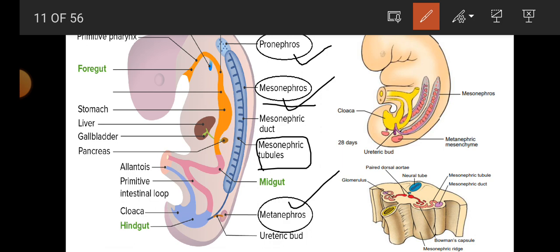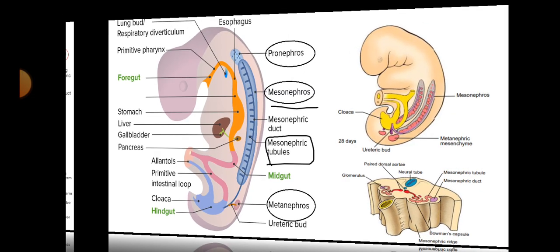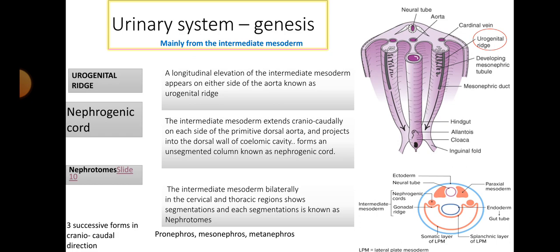And on the side of this segment there are tubules arising, which are called mesonephric tubules. These mesonephric tubules also arise. So this pronephros, mesonephros, and metanephros are the segmentation craniocaudally which is happening. Urinary system develops from this.